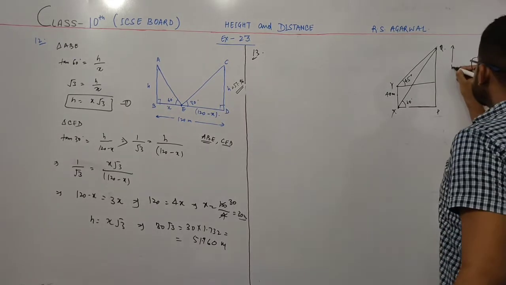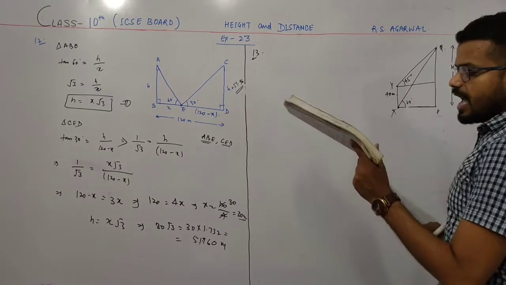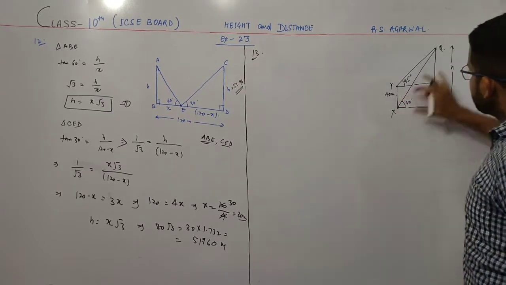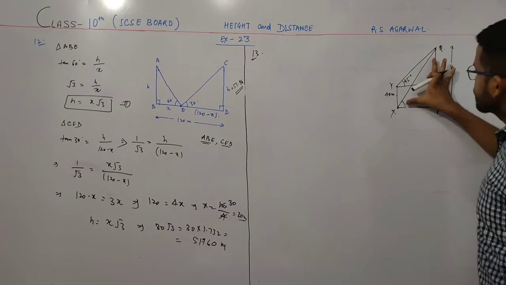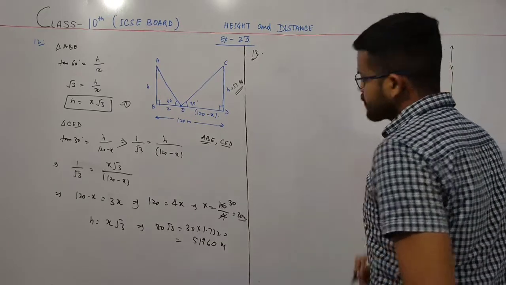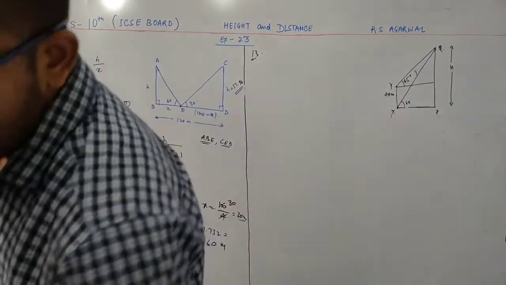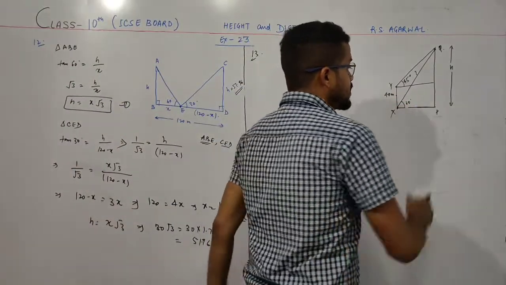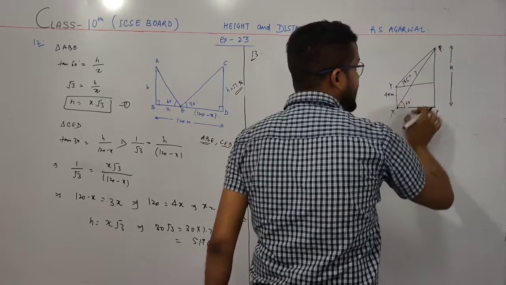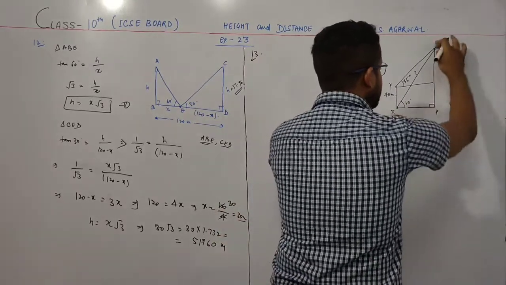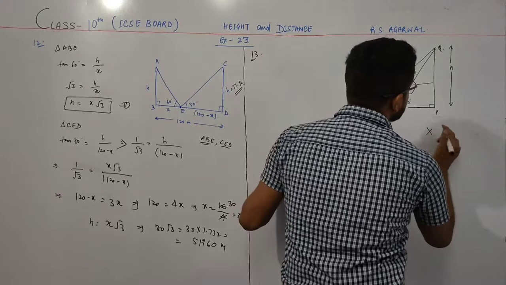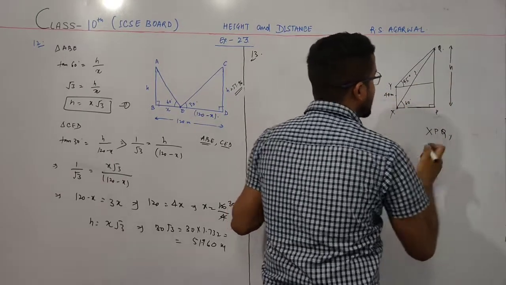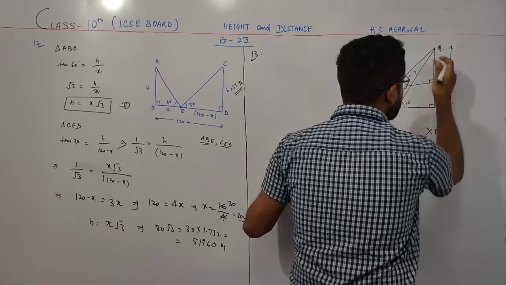We have to find this height, and also the distance XQ. How do I proceed? Here there are two right angle triangles. One is XPQ, and the other is also a right angle triangle.